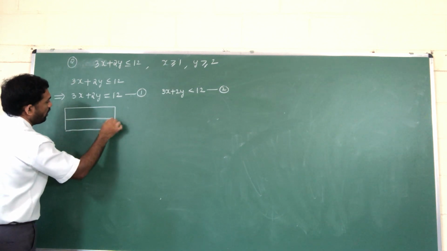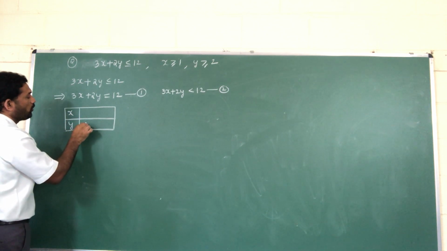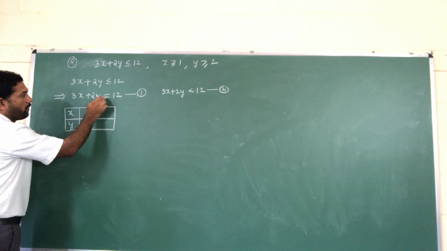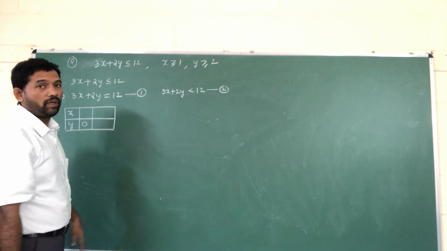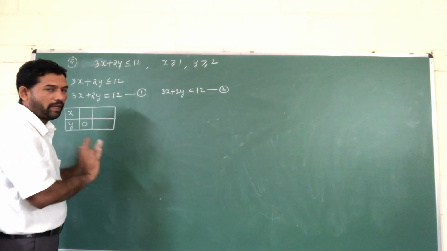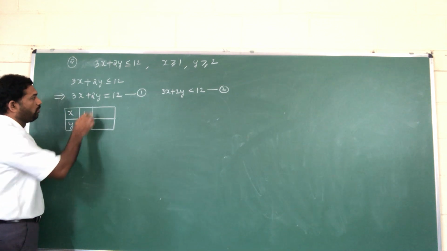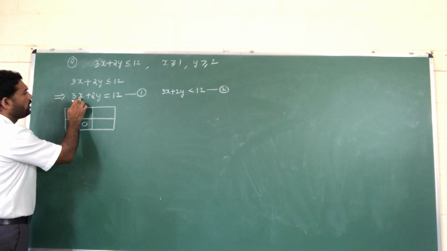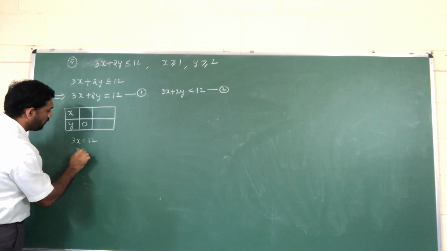So here x, y. Put y equal to 0, then what happens to the x value in equation number 1? Whatever method you followed in the previous exercise, the same method you have to follow here also. Y is equal to 0, what happens? 2 into 0 is 0, 3x equal to 12, so x is equal to 4.